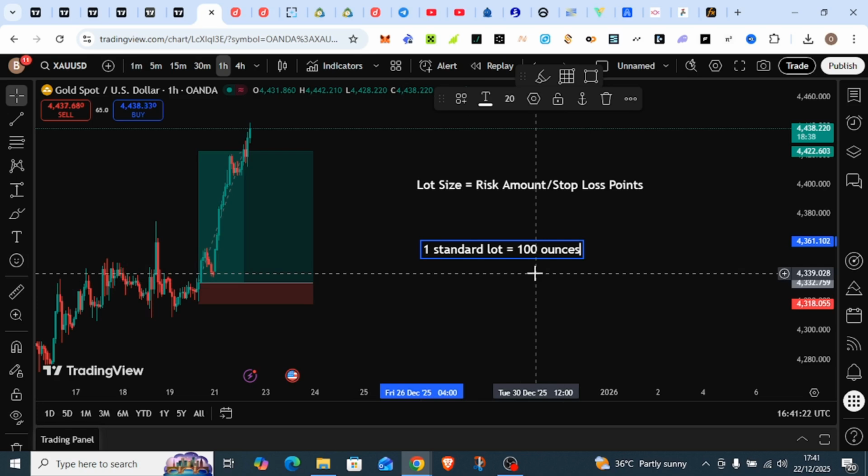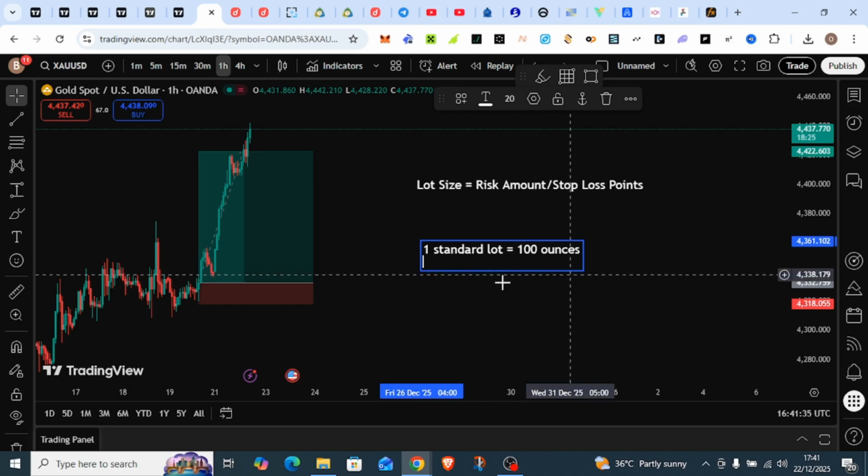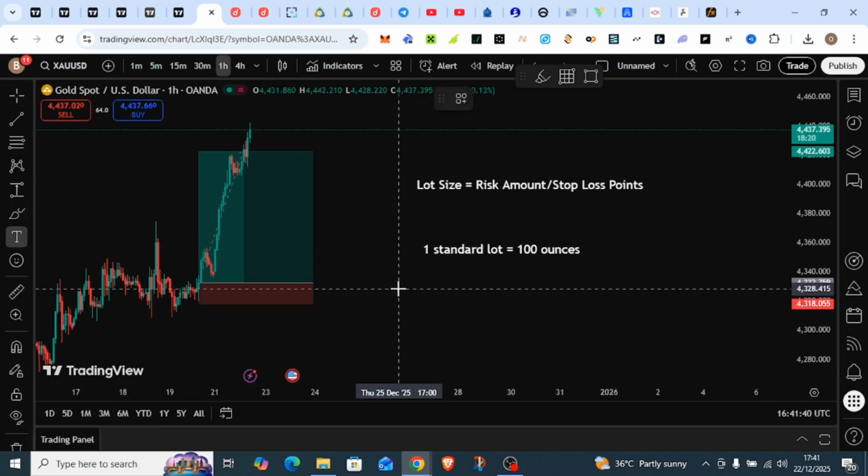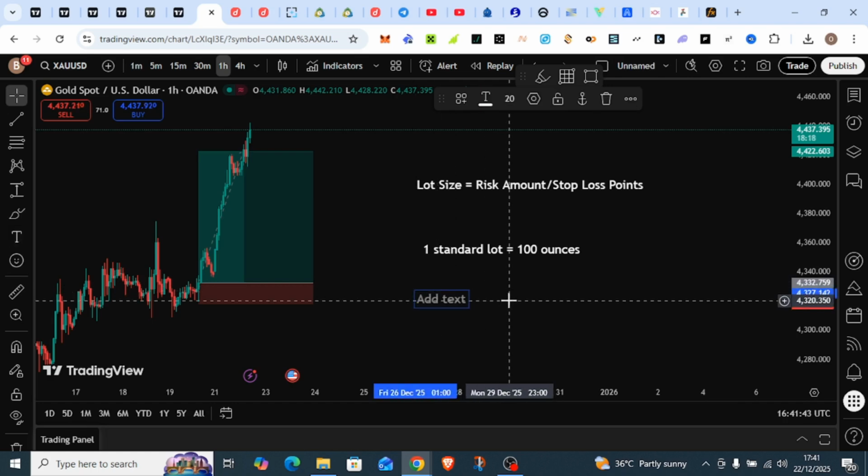There are some brokers that allow fractional lot size. So we are still going to put fractional lot size into consideration. So we have standard lot is equal to 1.0 lot.